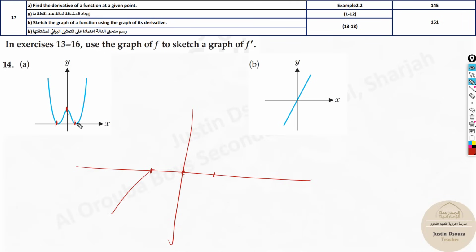Last one, it's increasing, so it will be above. But what about this middle part? Here it's increasing, so it will be like this, but it has to come and touch here, because here again it's decreasing. See, this is plus, minus, minus, plus, minus, plus. If there is change in that plus minus, then it should come and touch over here.